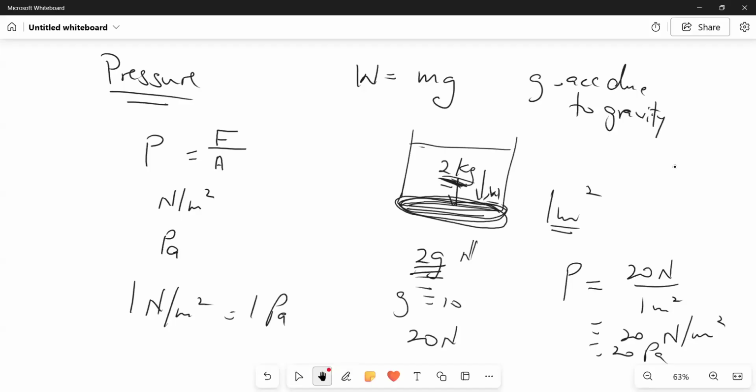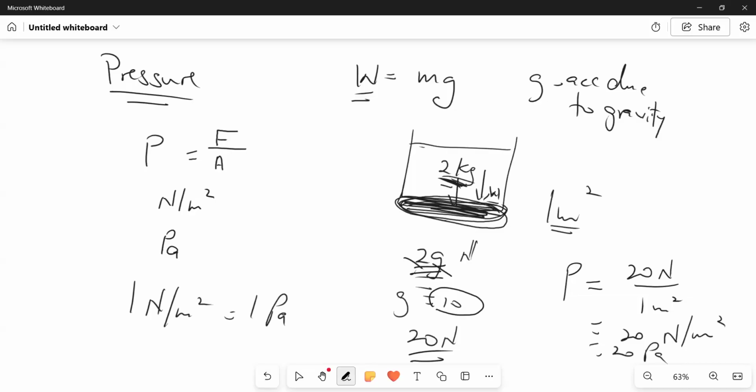While the mass is 2 kilograms, the weight is a force, you all know weight is a force. So the weight this fluid is exerting on the base of this container is 2 multiplied by G. We said we're going to use G as 10 in this situation, so 2G is 20 Newton. So the weight of that fluid is 20 Newton.